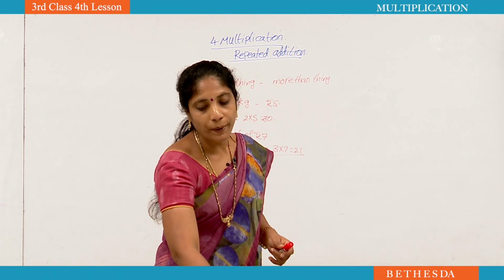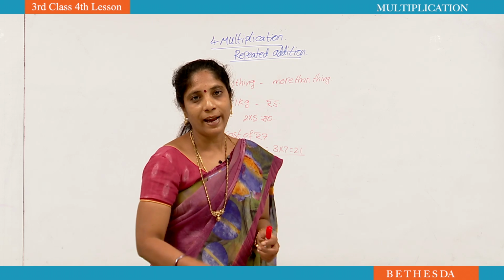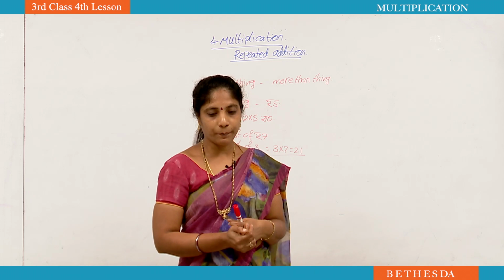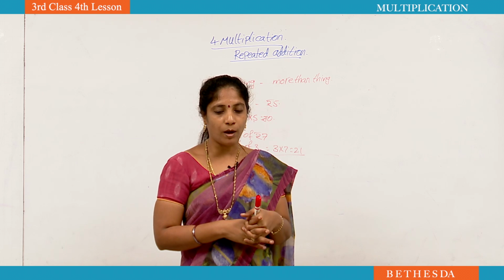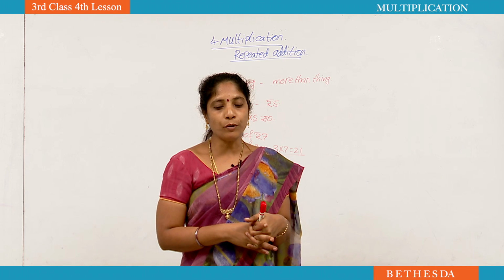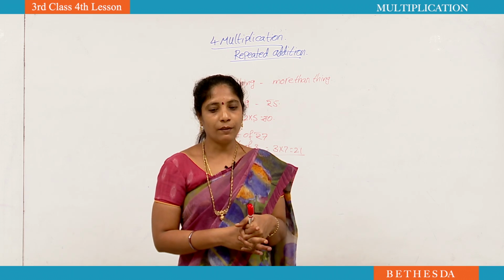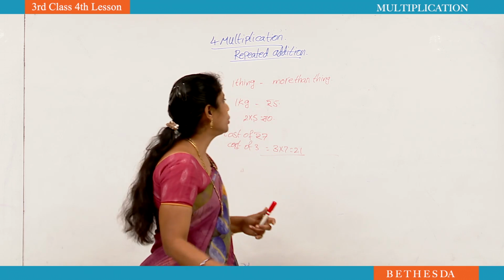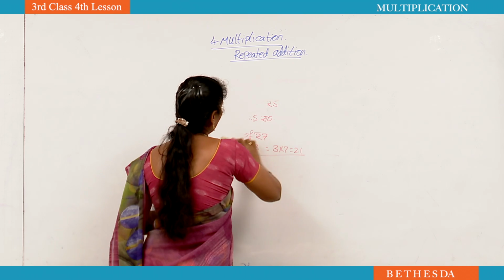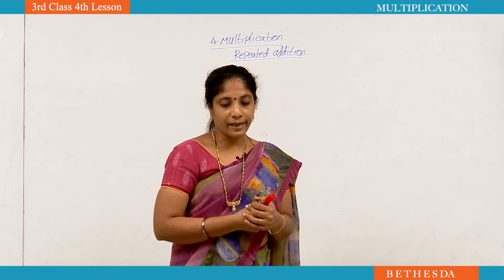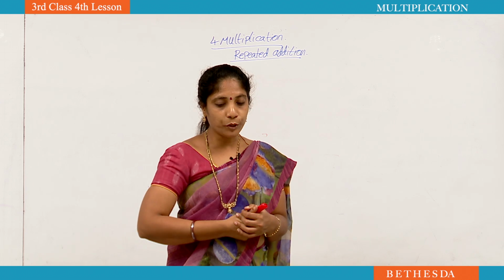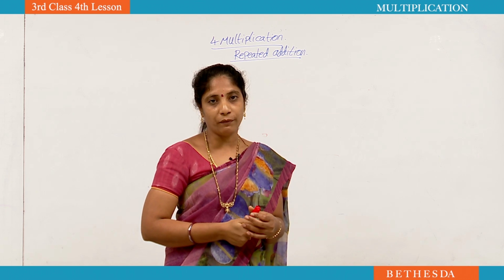Okay, all of you open page number 109, activity 4.15. I am reading the sum. Listen carefully. Sita has a beautiful farm. She plants 5 rose bushes every day. Now, how many bushes will she have at the end of the week?